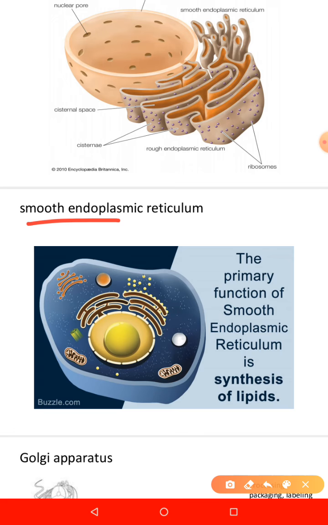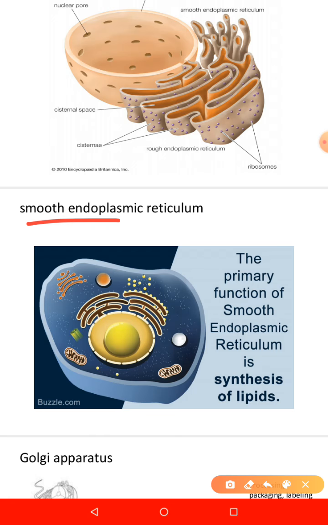The smooth endoplasmic reticulum doesn't have granular structures of ribosomes. It is smooth. Okay. So the function of the smooth endoplasmic reticulum, there are four functions.